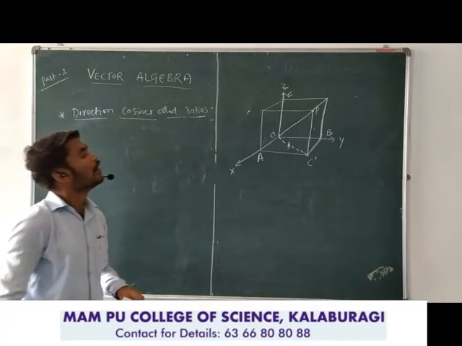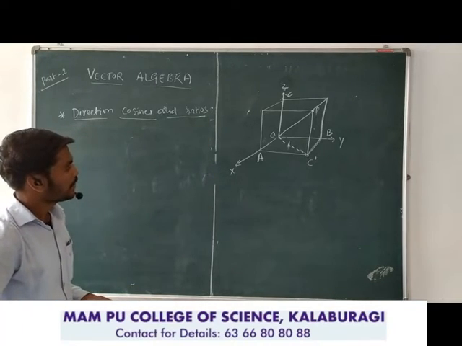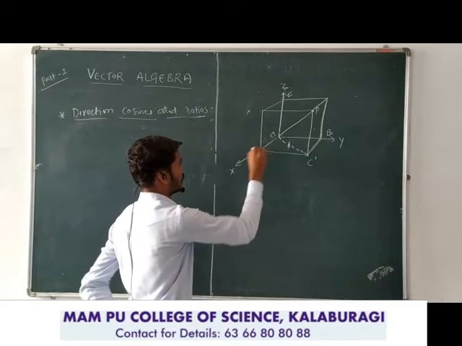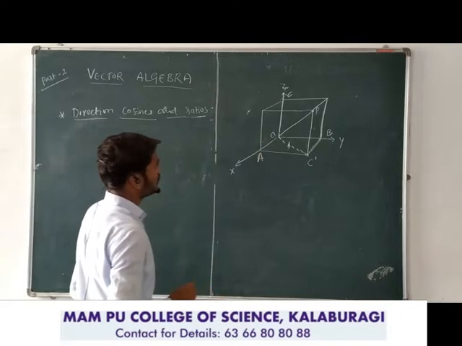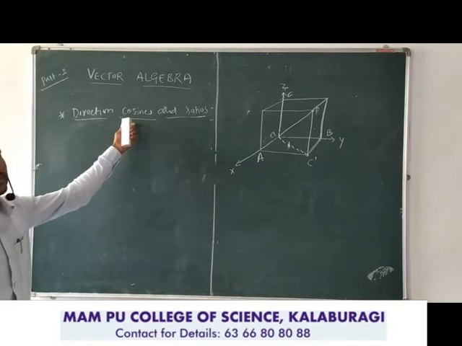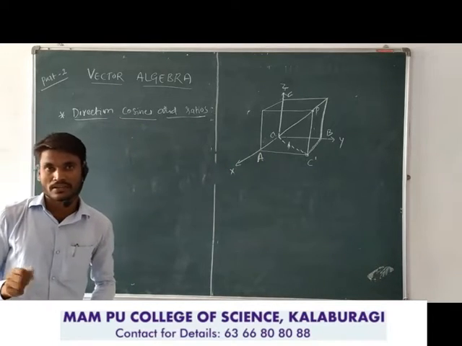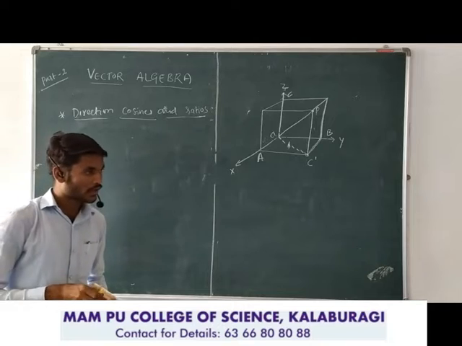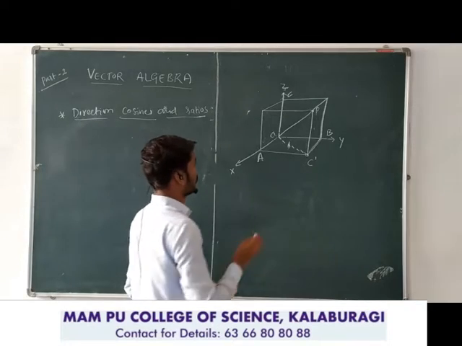By taking the help of this diagram, I will make a triangle here because we are finding the cosines, angles and their ratios.